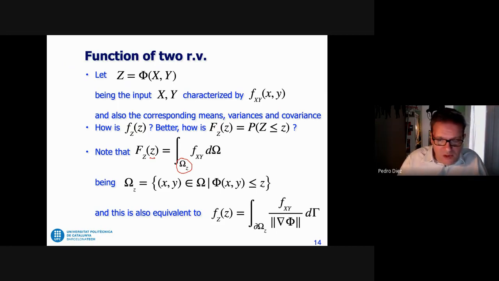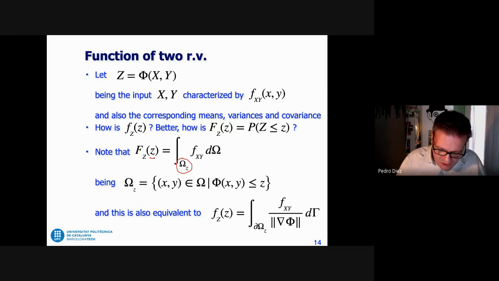And then when we take derivatives, the derivatives here are complicated because we are differentiating with respect to a variable which affects not the function itself, but the definition of the domain of integration.